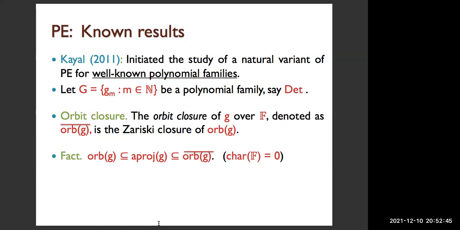And if you close them, in what sense? You think of the smallest variety containing these points, that set is the orbit closure, also known as the Zariski closure of the orbit. So it's basically that affine projections of G is sandwiched between the orbit of G and the orbit closure of G. So it's not much larger in that sense, right?